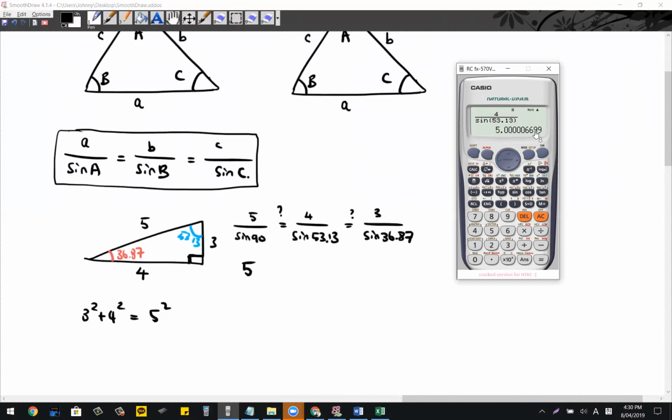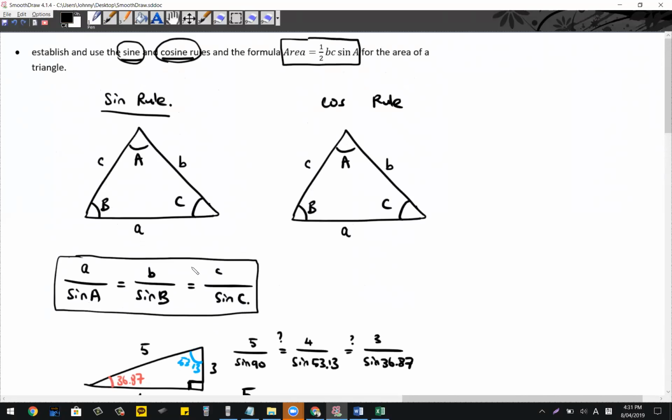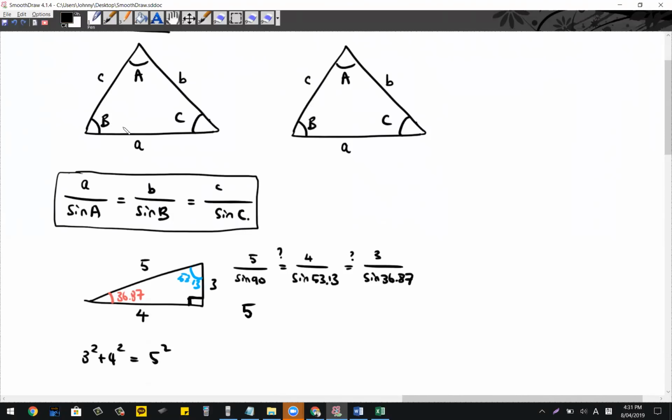That's almost 5, because of decimal rounding. And 3 over sine of 36.87 gives us about 5 as well. So the rule is working, and this works not only for right angle triangles, but also for non-right angle triangles.